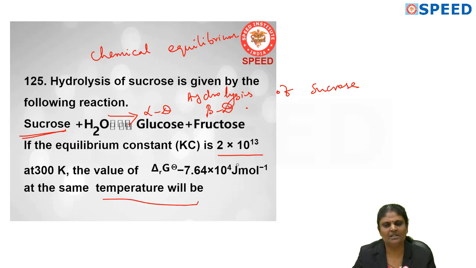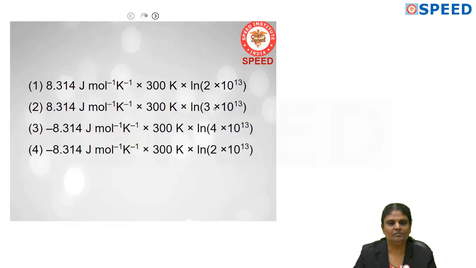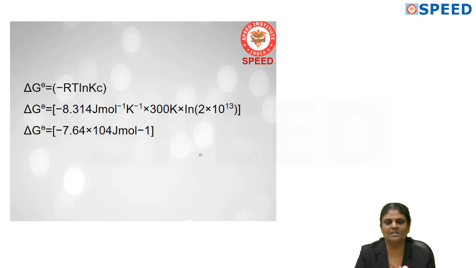So here this one is given, and you have to calculate. The sum is somewhat in reverse manner, I think. So the correct option is the last one, 8.314 J per mole per Kelvin into 300 K into ln 4 into 10 to the power of minus 3. Okay, so that's the answer.